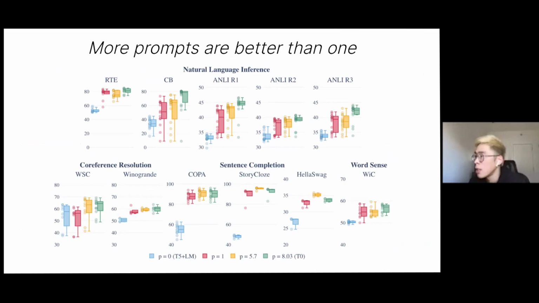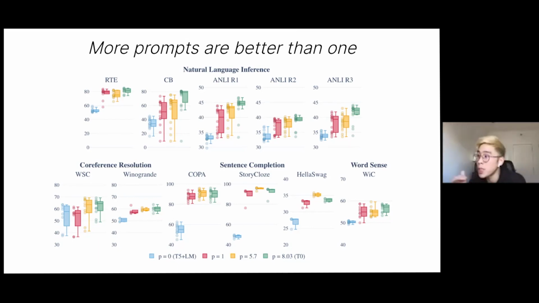Sometimes they express the same task, sometimes it's the combination of the original task and the reverse task that I talked about. We saw that the more diversity, the more different prompts you have, the better the performance is.